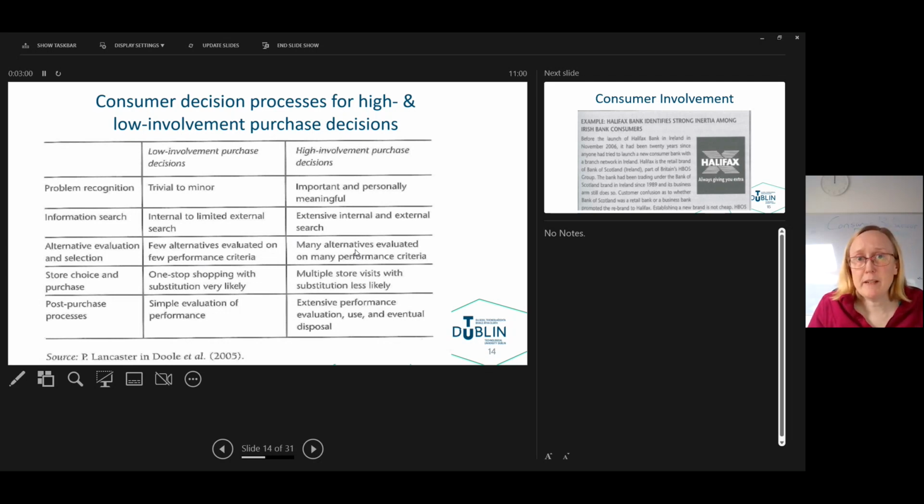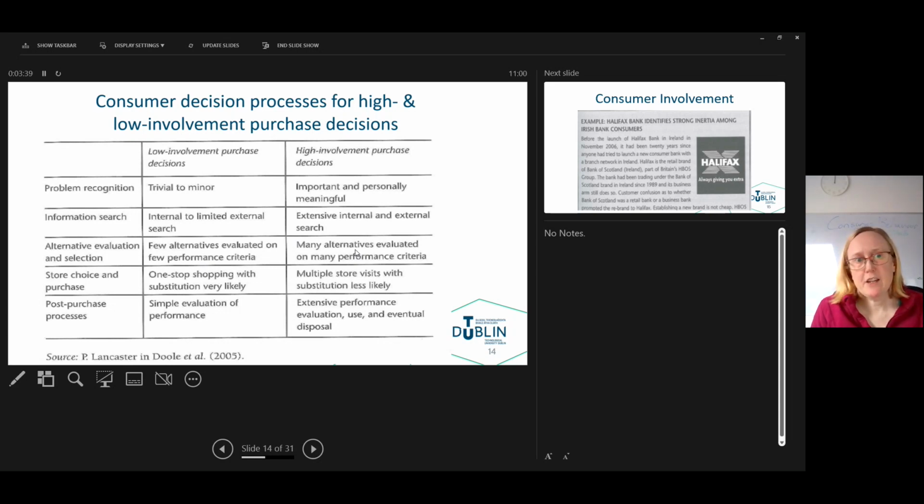Whereas for a high involvement, if you have decided on a particular brand, you may search for where you can get it. You won't go for the most convenient place. If they don't have it, you're not going to settle for a different alternative. Perhaps you may specifically seek out where can I get this brand and go specifically there to get it, or order it online and so on, even if it's an online shop that you haven't used before, you might specifically go for it.